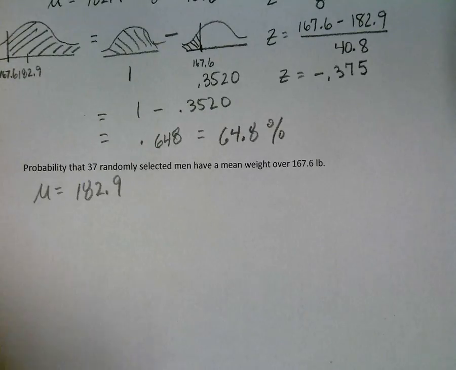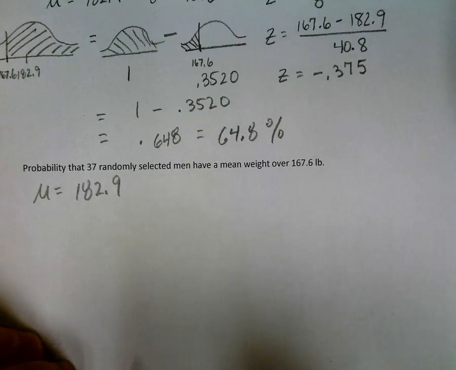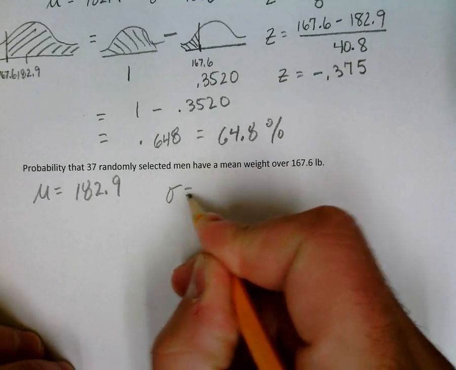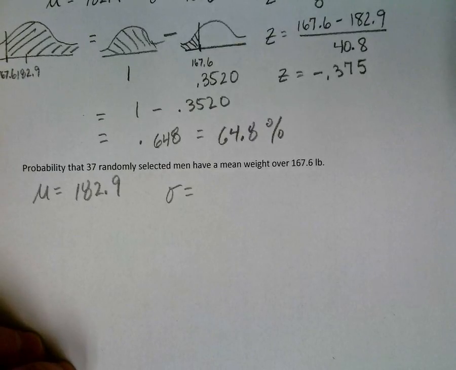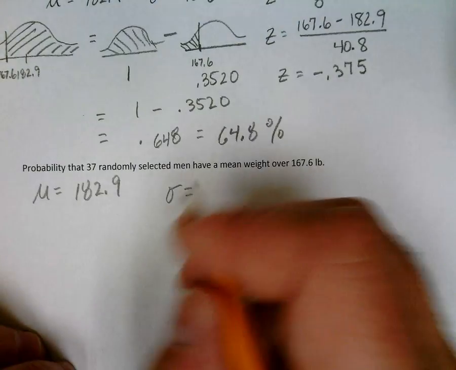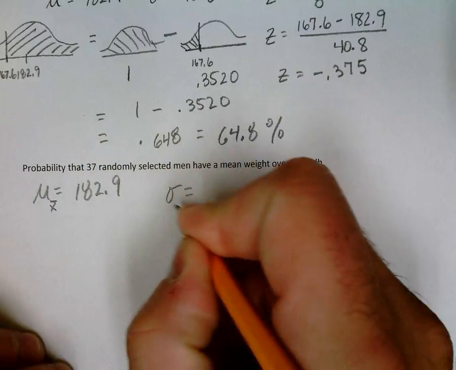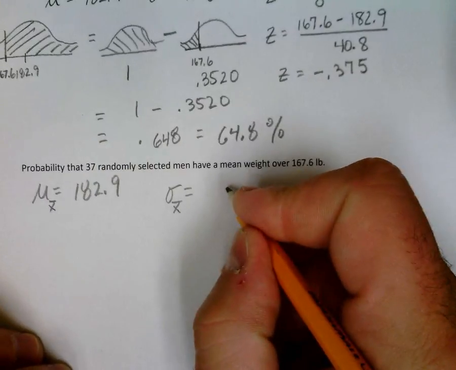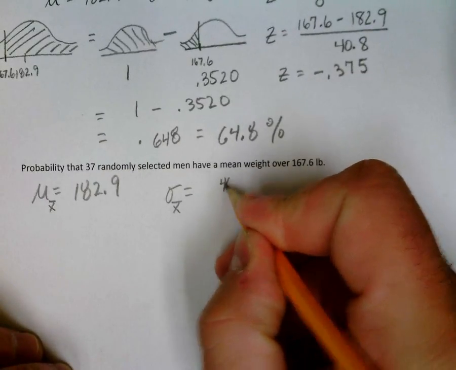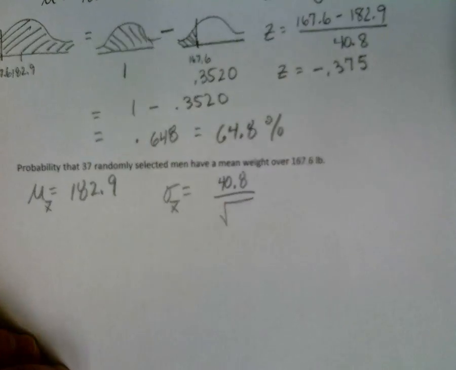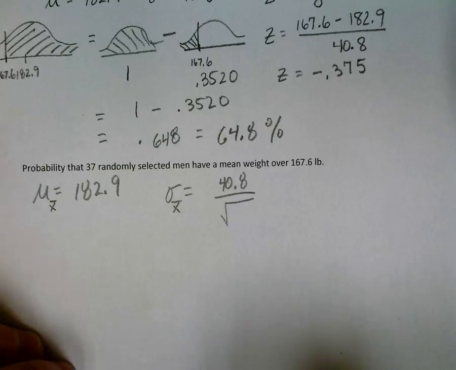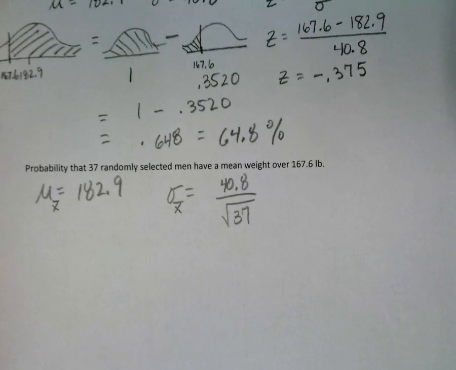But since our sample is 37, not 1, we need to employ the central limit theorem, which states that we need to take our standard deviation, 40.8, and divide that by the square root of n, and n is the number of people in our sample, which in this case is 37.